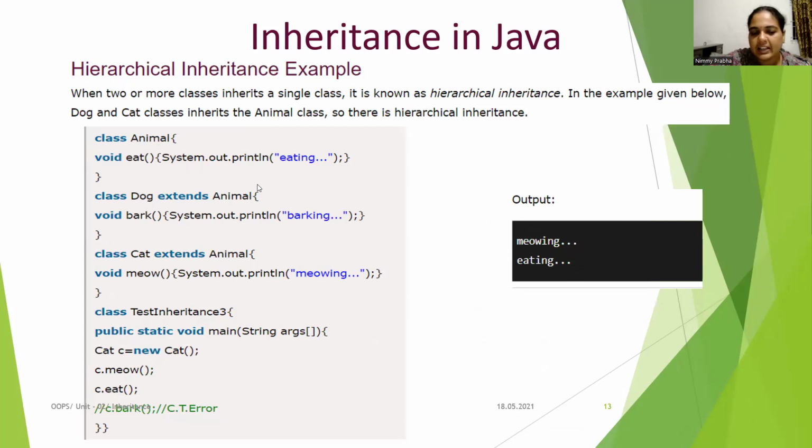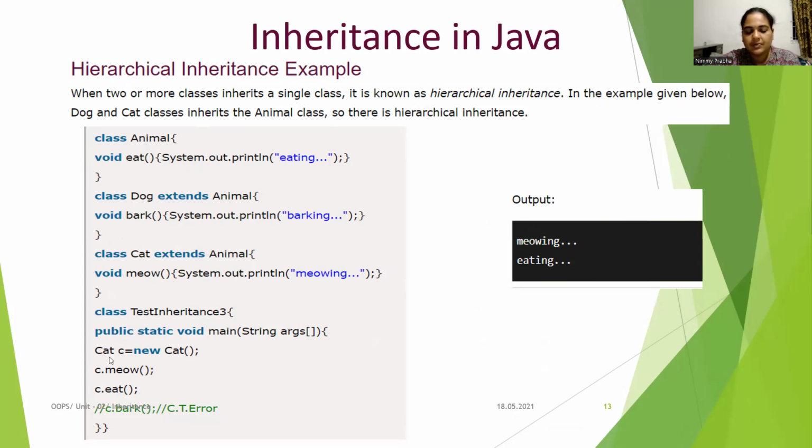Next one is hierarchical inheritance, means two child classes are inherited from a parent class. That is hierarchical inheritance. The parent class is Animal, and two classes Dog and Cat. So here we inherit eat, bark, and meow are the methods.